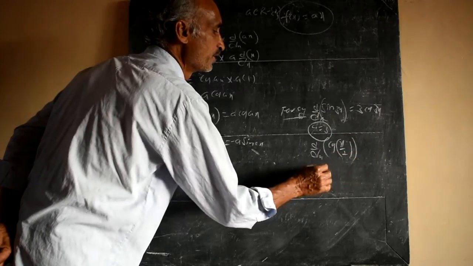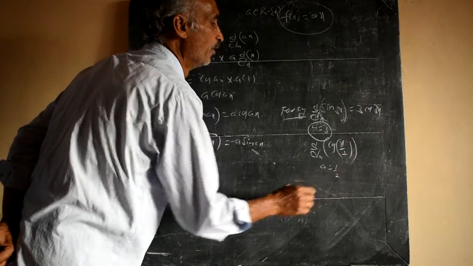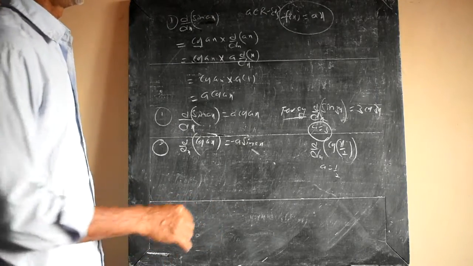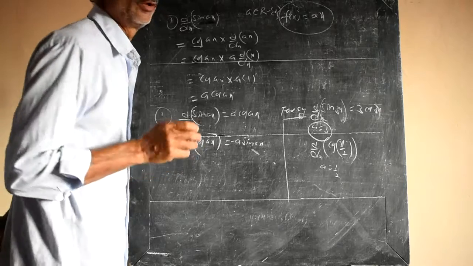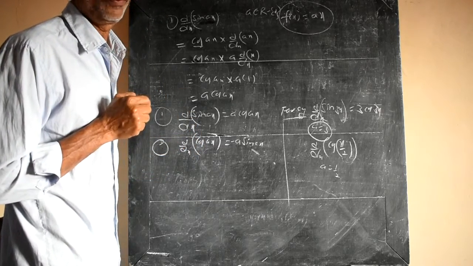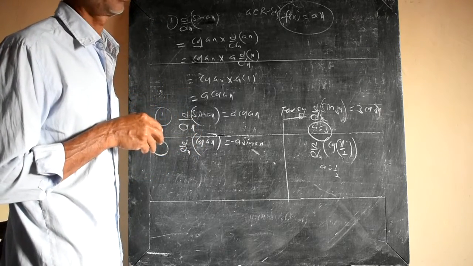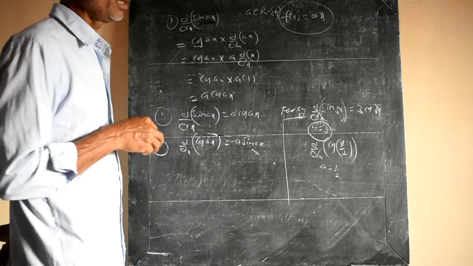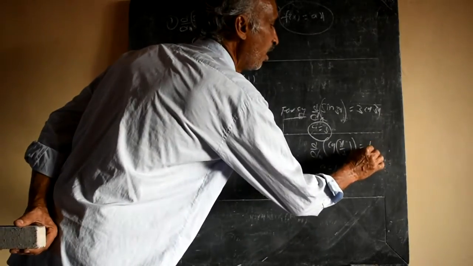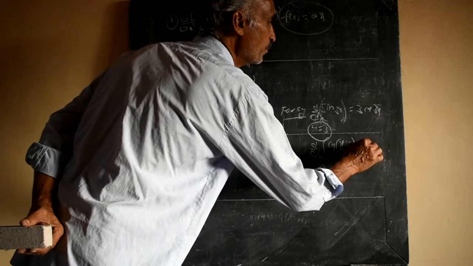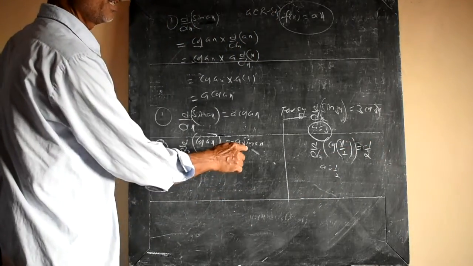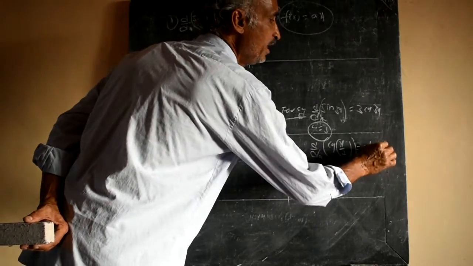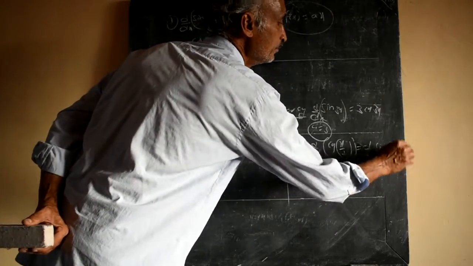A is 1 by 2, since x by 2 means 1 by 2 into x. So the answer is minus half sin ax, which means sin of x by 2.